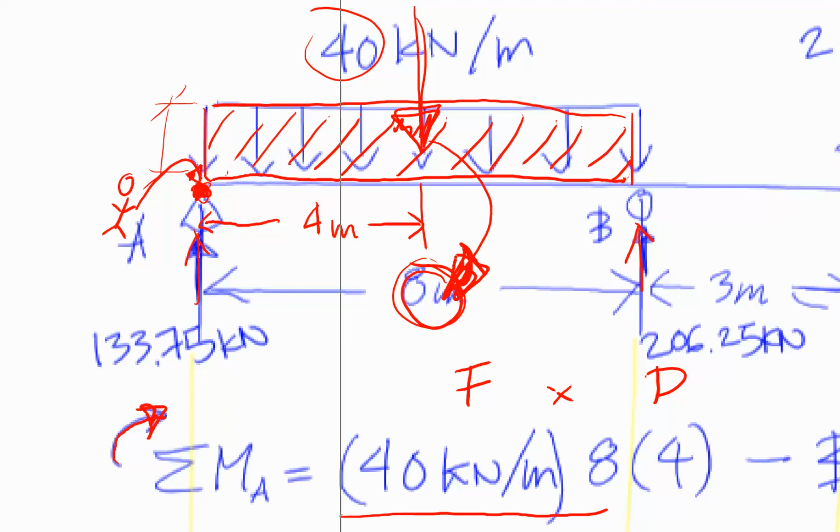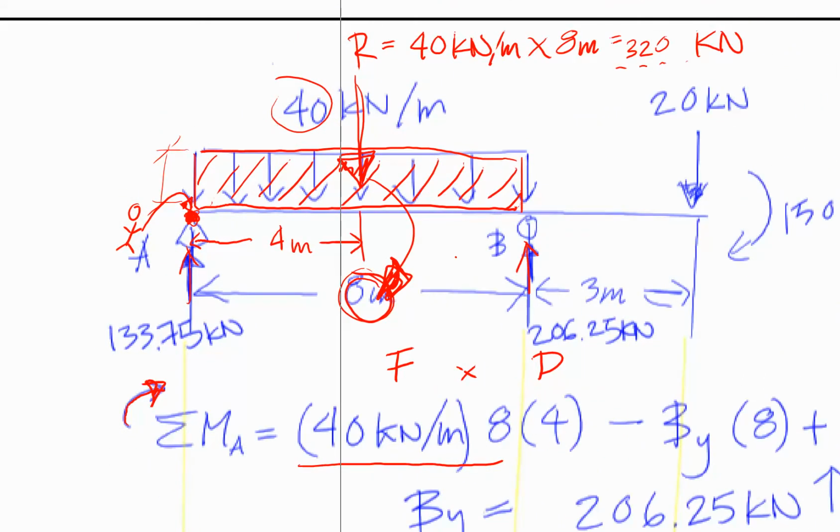Do you see that, clockwise? And then at B, we assumed that that is going up, so that creates a counterclockwise moment. And the 20 kilonewtons creates a clockwise moment. And that additional moment at the end creates a clockwise moment. So with respect to this, you've got positive direction, negative direction, positive direction, positive direction, and that sets you up for the rest of the equation.